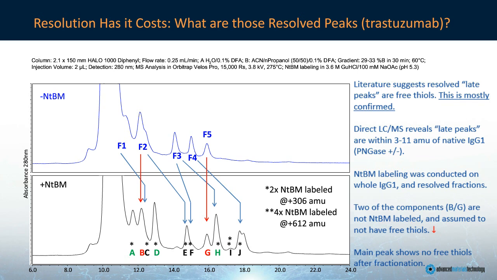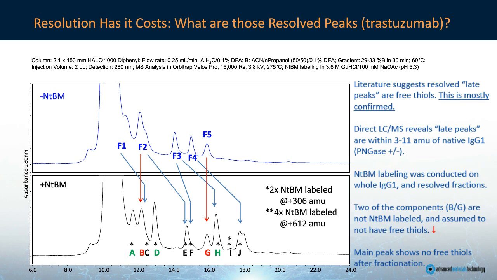Post sample preparation, we took those peaks labeled F1, F2, F3, and so on, pulled those samples out and labeled them individually using sample prep, and then re-injected them to try to figure out what was happening in this complex labeled sample. And we were able to make some confirmations as to what we were looking at.